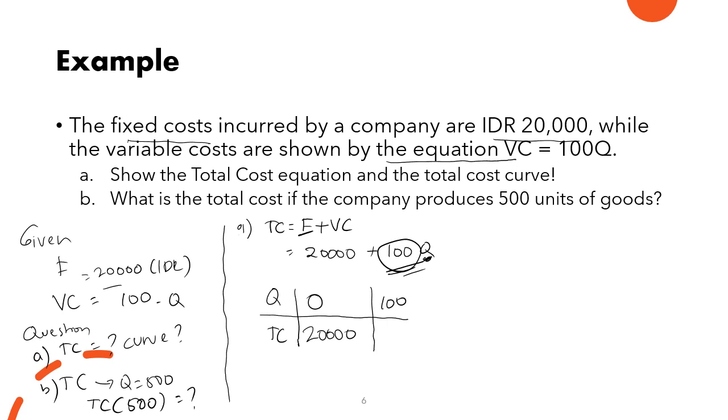Then the TC will become 100 times 100, which is 10,000. 10,000 plus 20,000 is 30,000. So again, you need to have a sense of the numbers to make your life easier when drawing the curve.